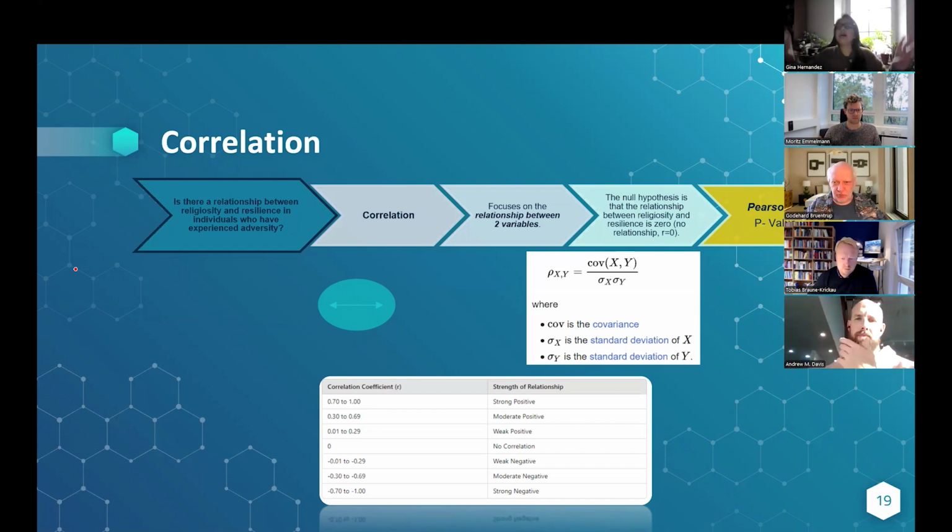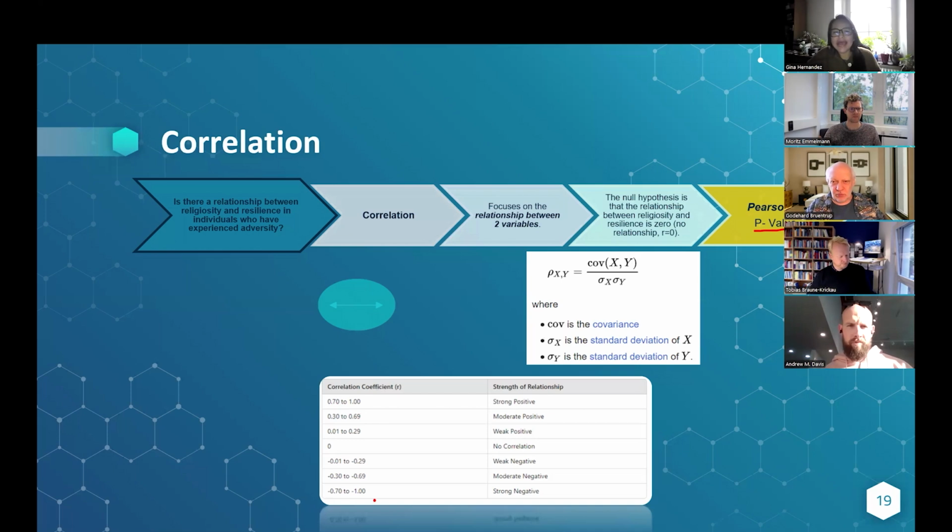It is just: are they related, how strong is the relationship, and in which direction is the relationship going? This is what a correlation will tell you, right? So the parameter estimates that this statistical model will give you are the R and the p-value. The two.